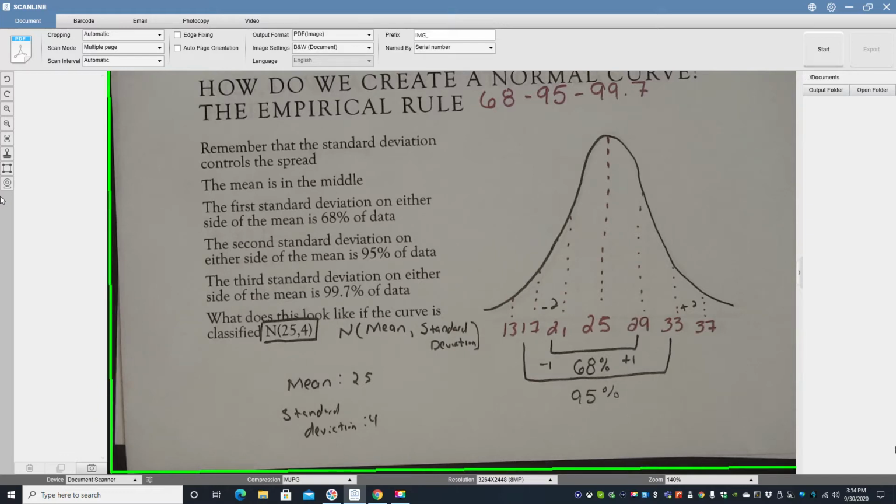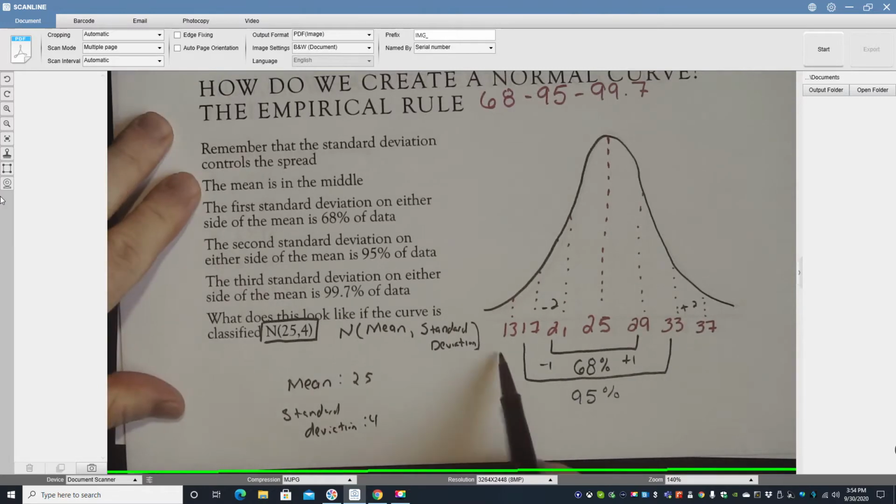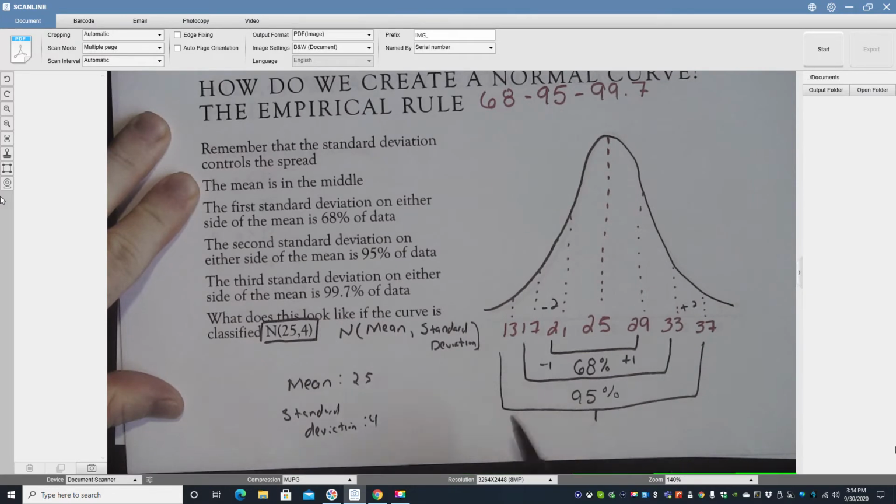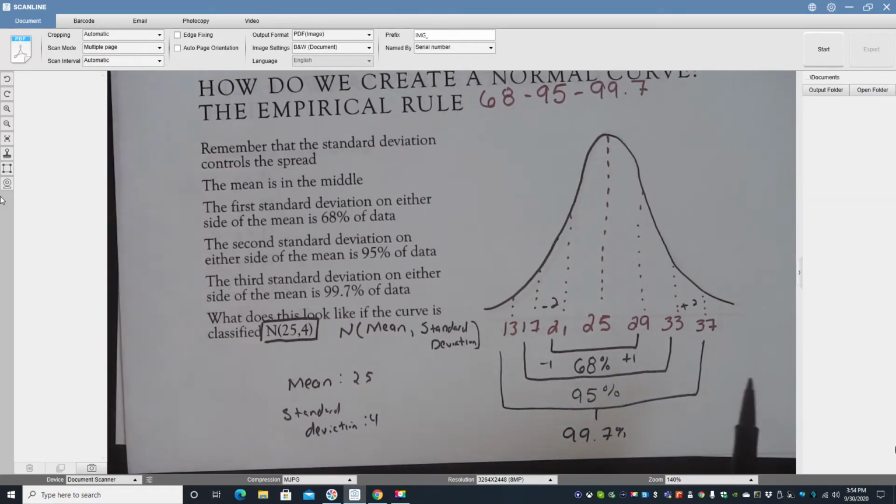If you have 100 data points, it would mean 95 data points are in between 17 and 33. And then finally, 13 to 37 would contain 99.7%. Thinking of 100 doesn't work in this case because you're not going to have 0.7 of a data point. But if you think 1,000, you would have 997 data points between 13 and 37.